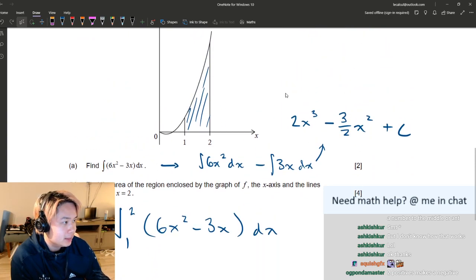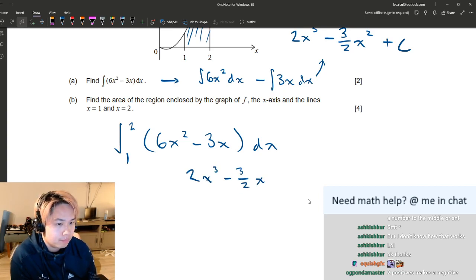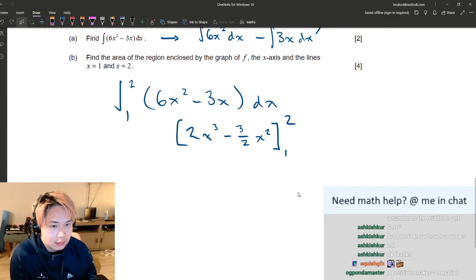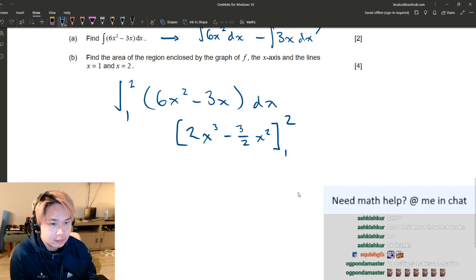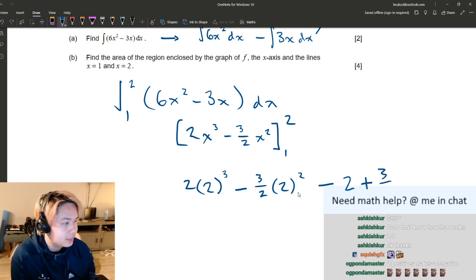But we already figured out what this is in part A. So we just find the definite integral. Easy peasy. So what do we have? 2 times 2 to the power of 3 minus 3 over 2 times 2 to the power of 2 minus 2 plus 3 over 2.